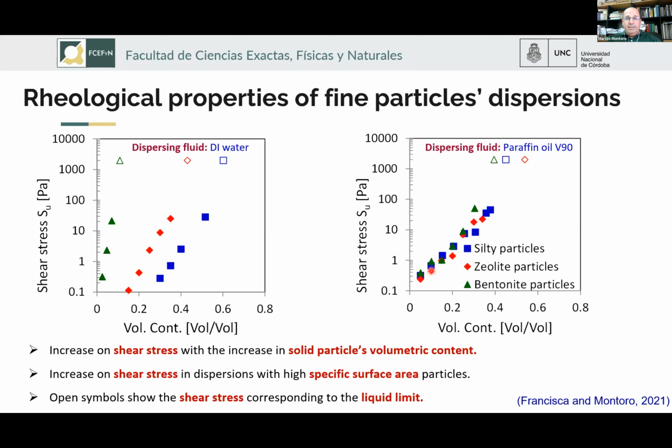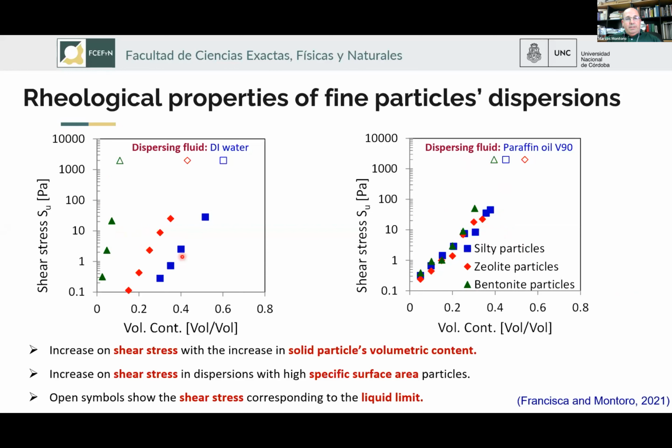This highlights that the electrical double layers were not developed around these fine particles. The results obtained for the different NAPLs we used were very similar to this one shown here.